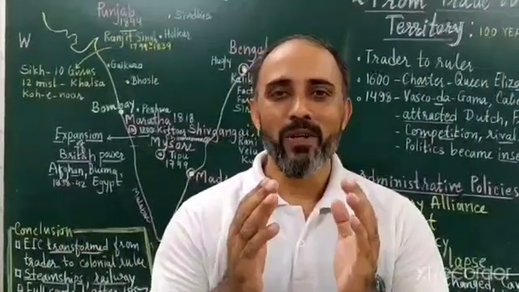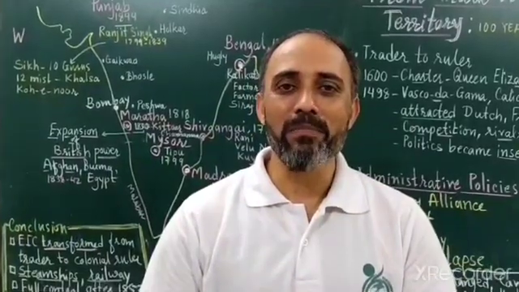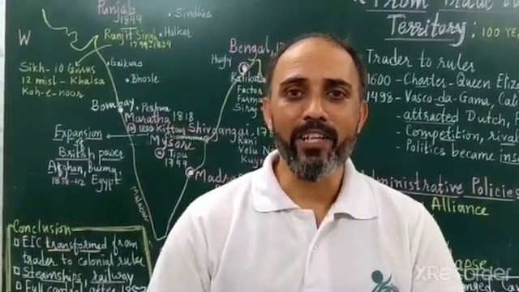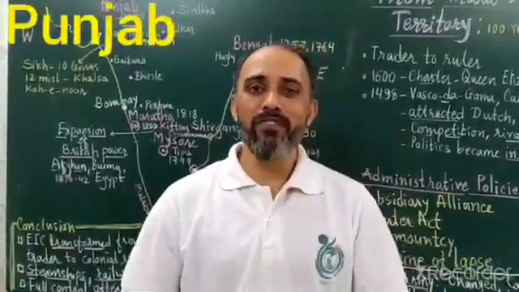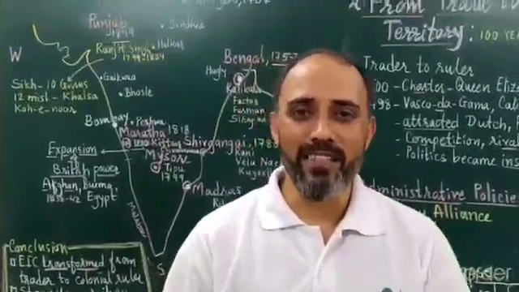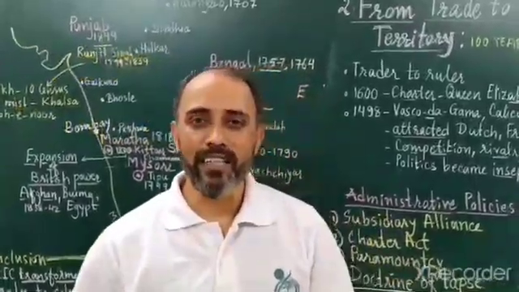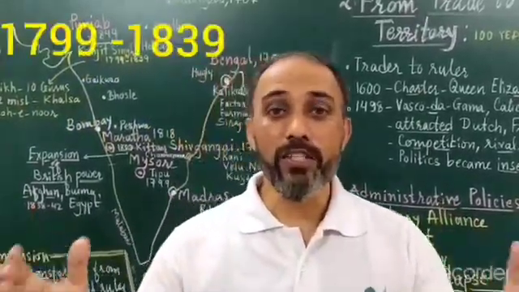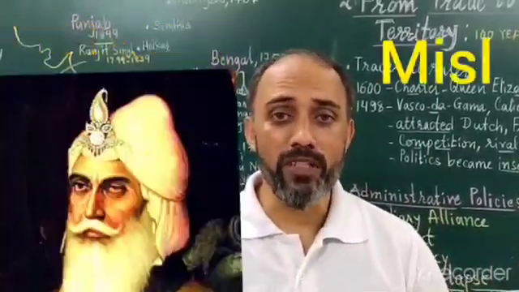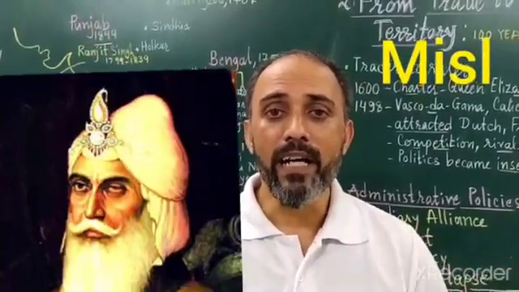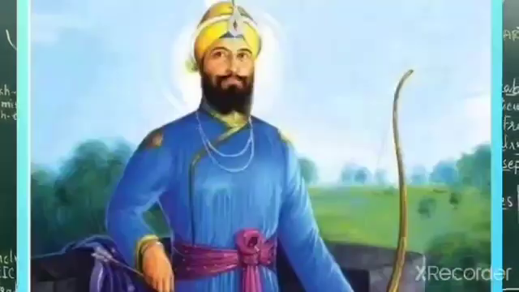Now there was one last challenge in front of the British East India Company, and that was Punjab. Punjab was ruled by Maharaja Ranjit Singh, who ruled from 1799 to 1839. He reorganized 12 misls, meaning provinces or states, which were scattered after the death of Guru Gobind Singh.